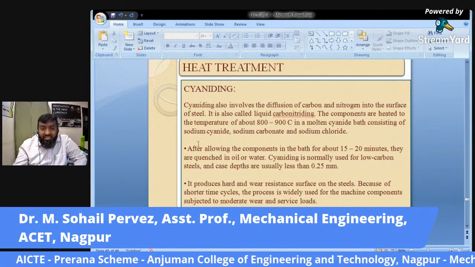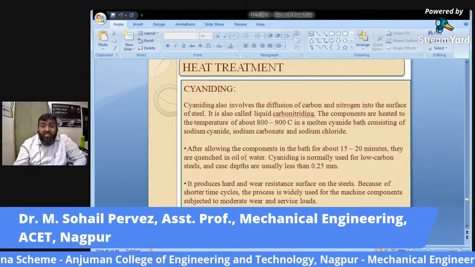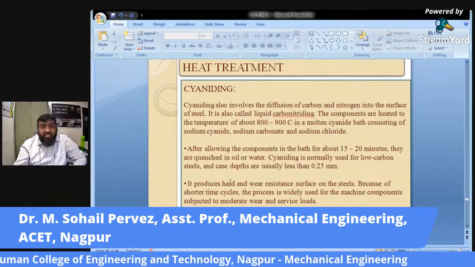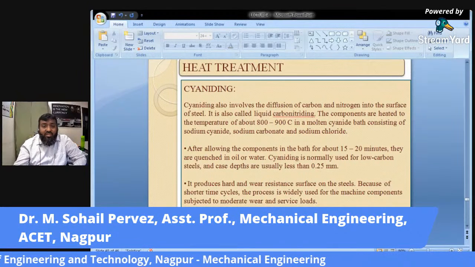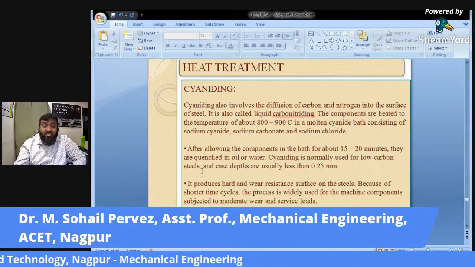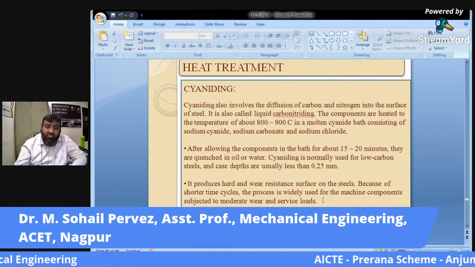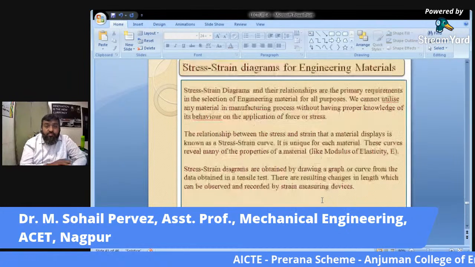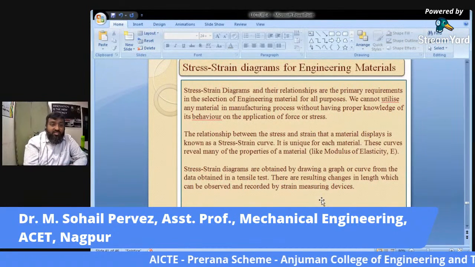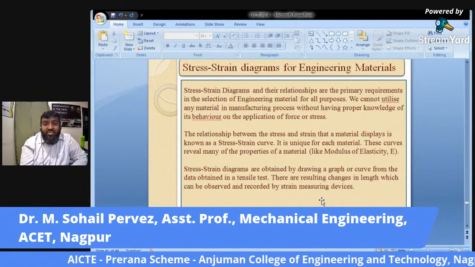After keeping the component in the bath for about 15 to 20 minutes, it is quenched in oil or water. Cyaniding is normally used for low carbon steel and case depths are usually 0.25 mm. So this is cyaniding.